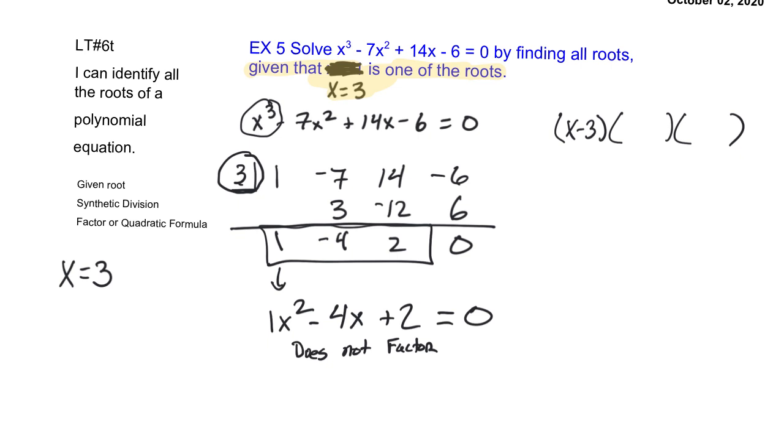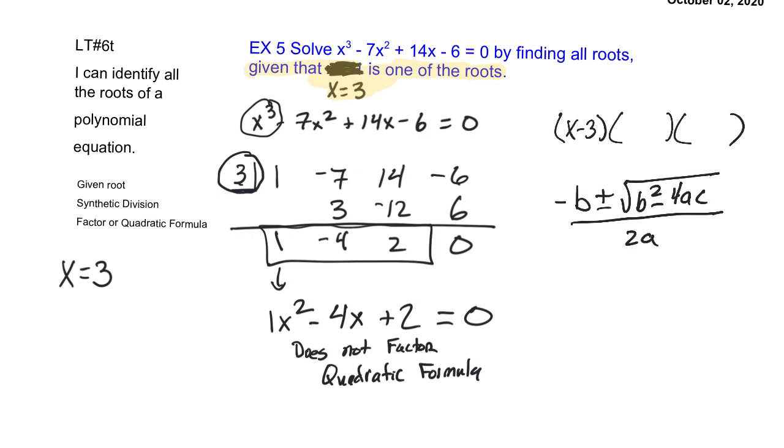If that ever happens when you have a quadratic, you can use the quadratic formula. As a reminder, negative b plus or minus square root of b squared minus 4ac all over 2a. All right, so we have our a in our problem.